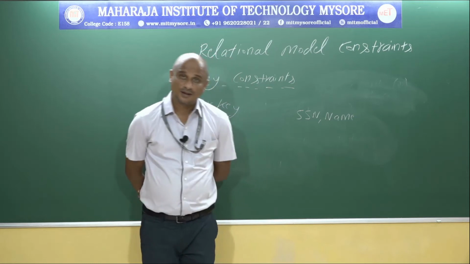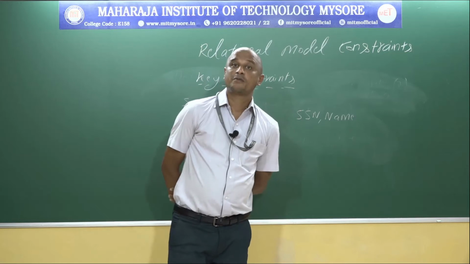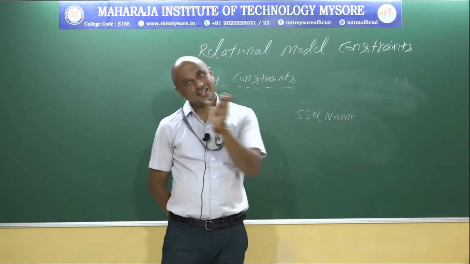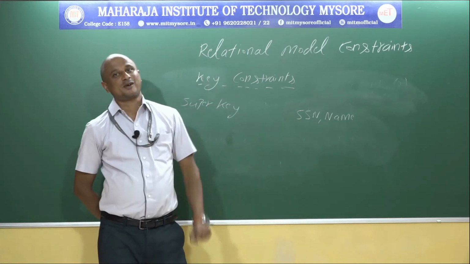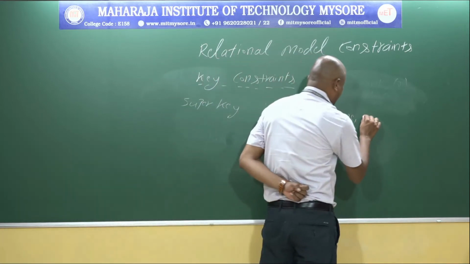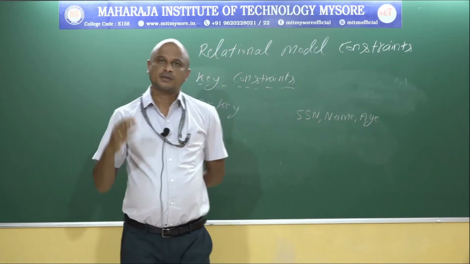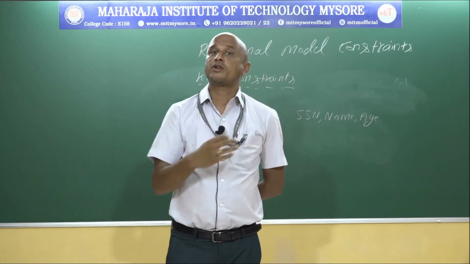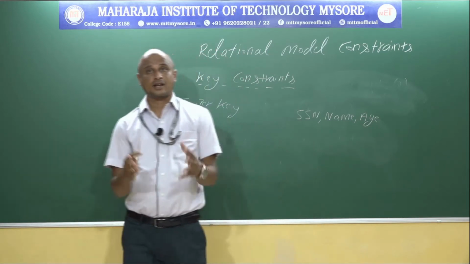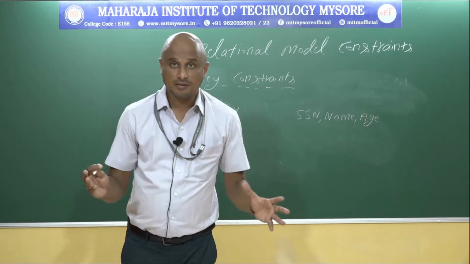So if I take a super key as SSN with the name, it makes more uniqueness. Then I add age, to identify an employee in a database and make it even more unique. I say the person is maybe 35 years old, with SSN and name.